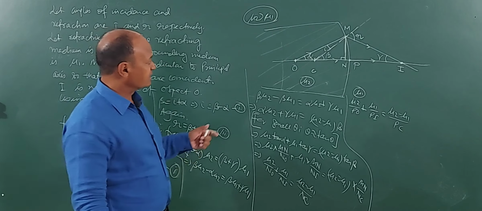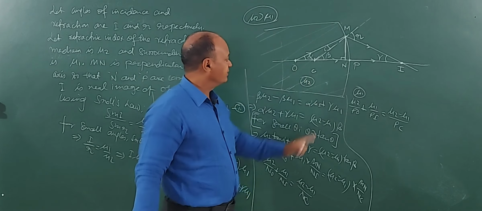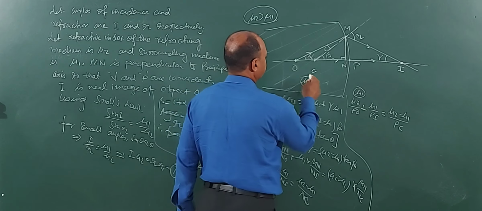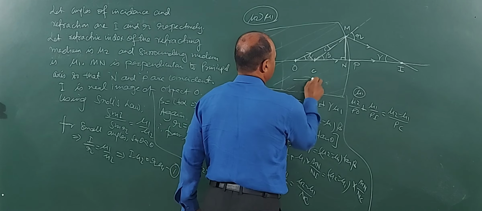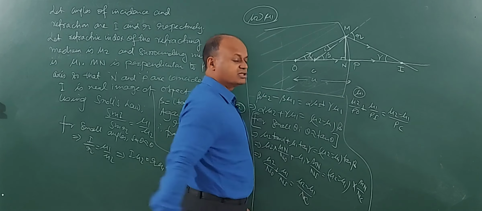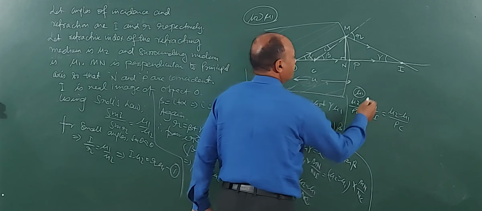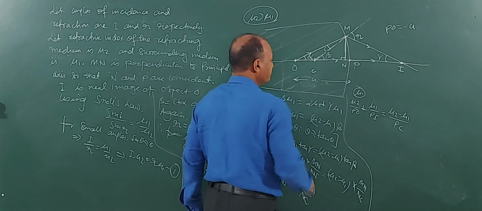Now let us see the distances. PO is on the left, so it is negative. And how much is PO, children? PO here is u, and it is on the left, so it is negative. So I will be writing here PO is equal to minus u.